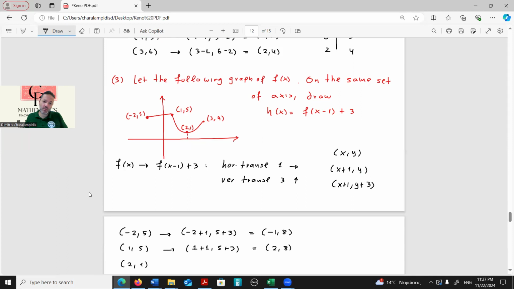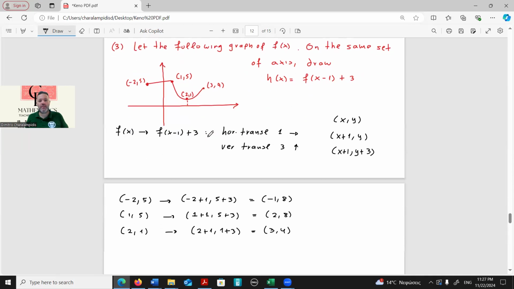The 2, 1 will move at 2 plus 1, 1 plus 3, which is 3, 4. The 3, 4 will move at 3 plus 1, 4 plus 3, which is 4, 7.